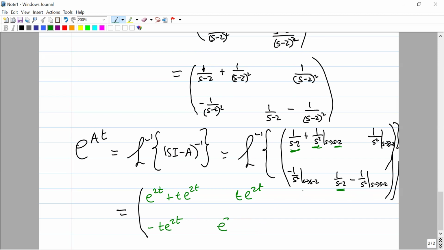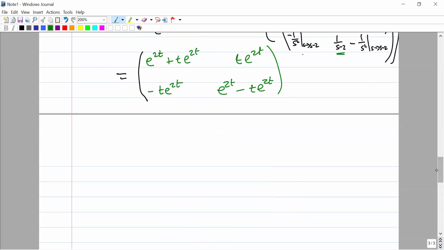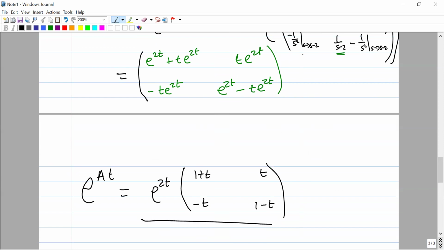Okay, yes. e to the power 2t minus t e to the power 2t. So one can easily see that e to the power at is equal to e to the power 2t into 1 plus t, minus t, 1 minus t. So this is our fundamental matrix.